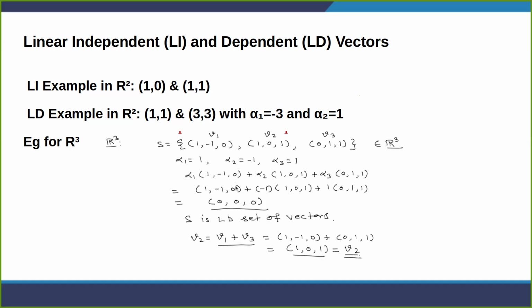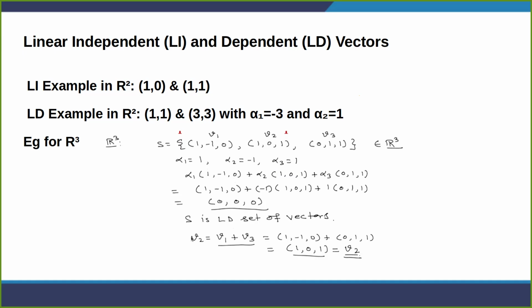Here this is 0, so 1 into 0 is 0, then minus 1 into 1 is minus 1 and 1 into 1 is 1, that is also 0. So the alpha values are given here, and the whole thing comes to 0. So this set of vectors in the space is linearly dependent.